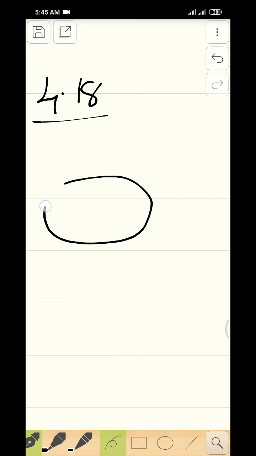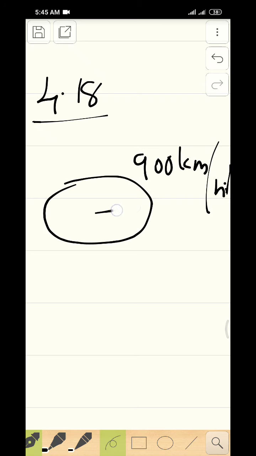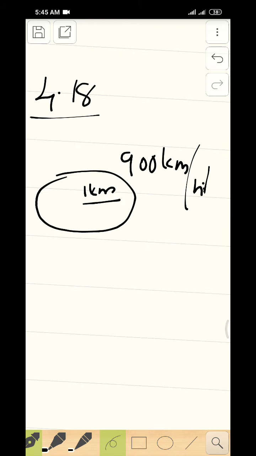So a circular path, the velocity is 900 km per hour, and the radius is 1 kilometer.